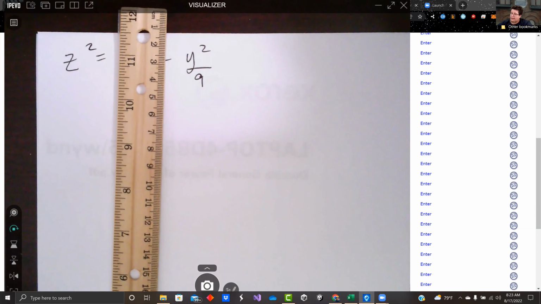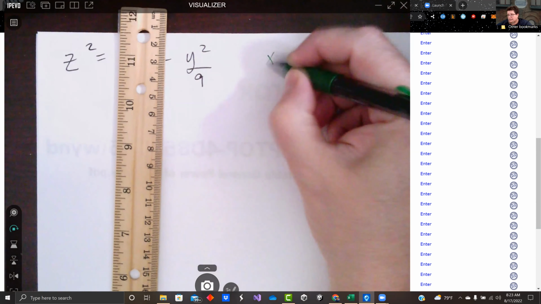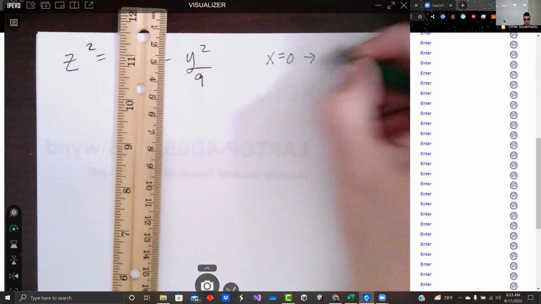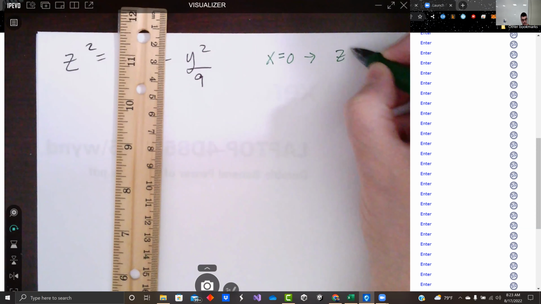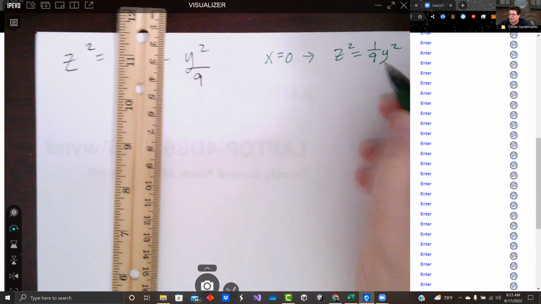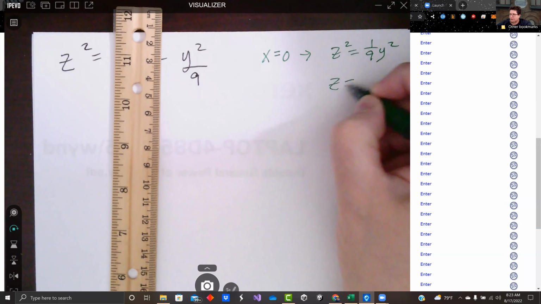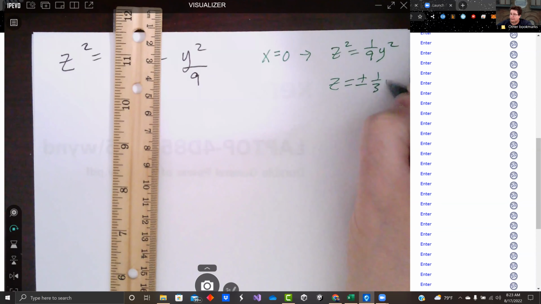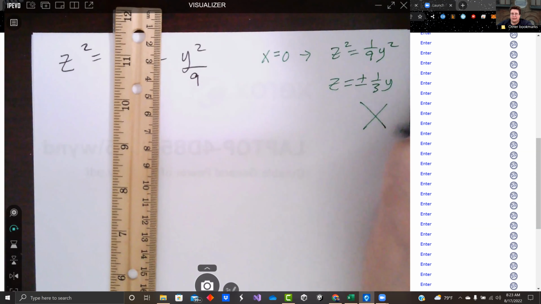If I zero out x, I get z squared equals 1/9 y squared. And if I take the square root, z equals plus or minus 1/3 y. Those are two lines crisscrossing, making an x.